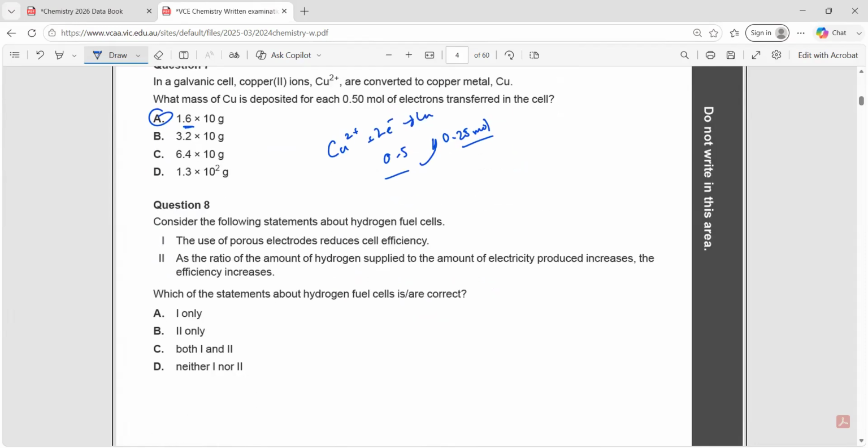The use of porous electrodes increases cell efficiency, obviously. As the ratio of the amount of hydrogen supplied to the amount of electricity produced increases, the efficiency increases.